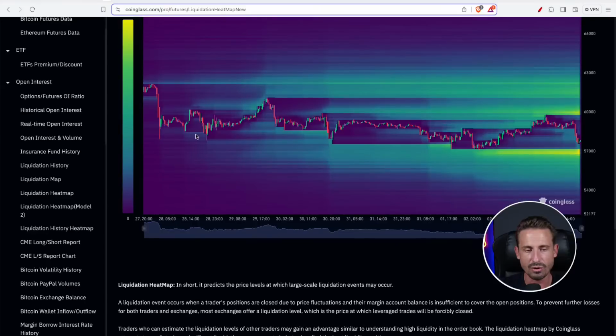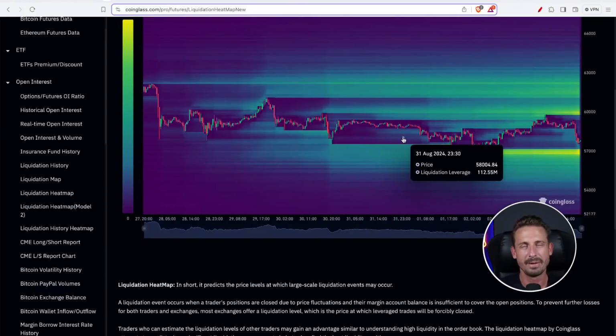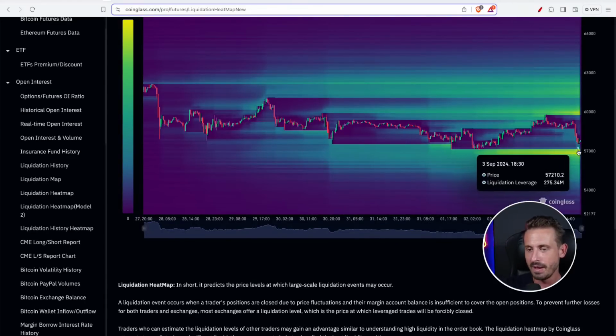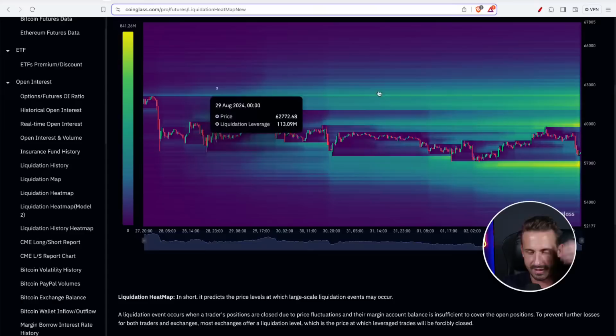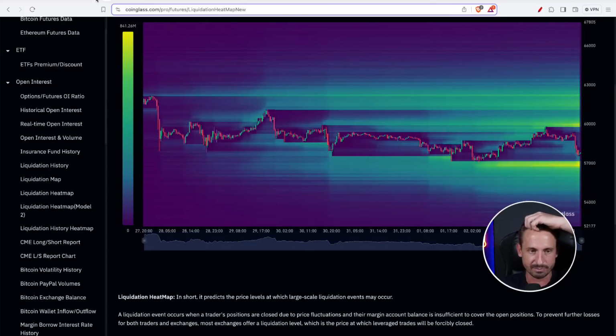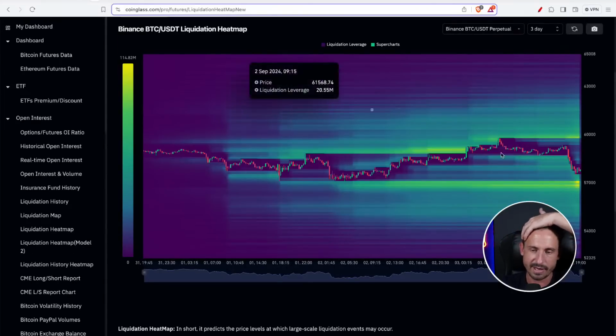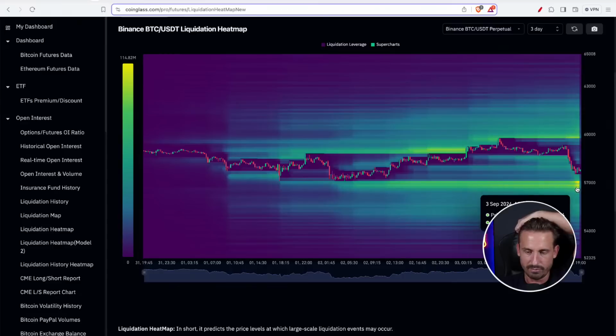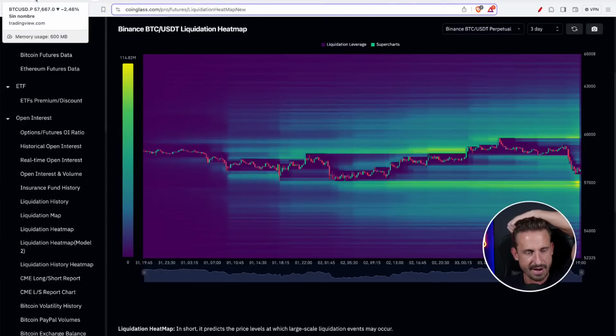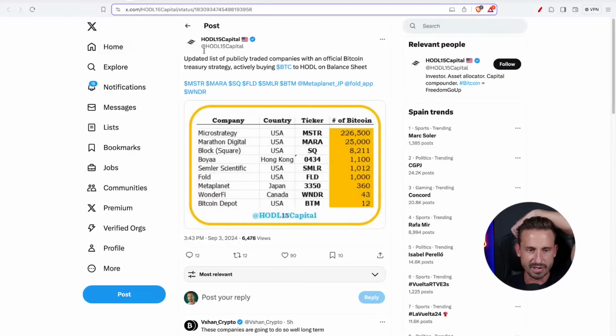There are hundreds of millions of dollars of long liquidations beneath 57k, guys. So it's a no-brainer. I think we're very likely going to get that pushed down to claim the liquidity in the next coming days. Yeah, very likely in my personal opinion.